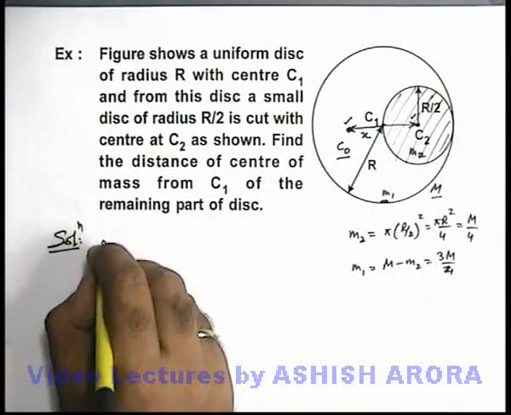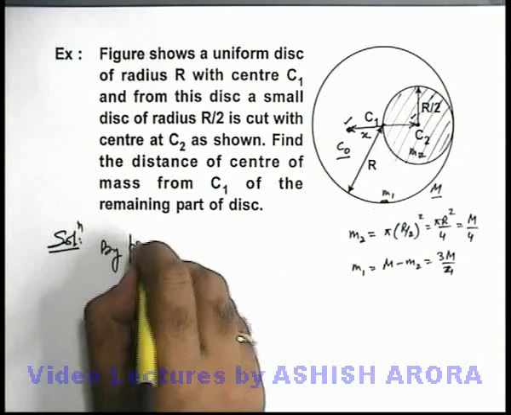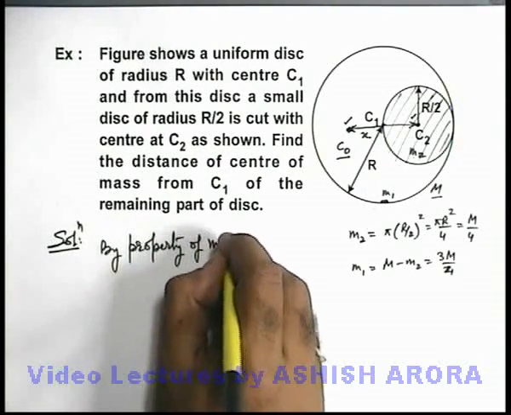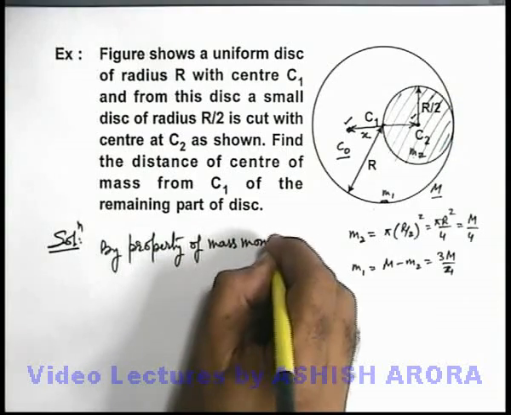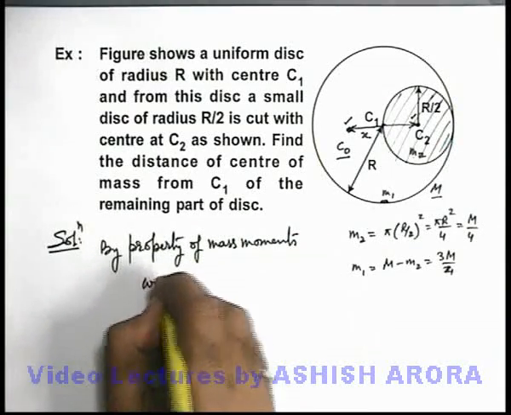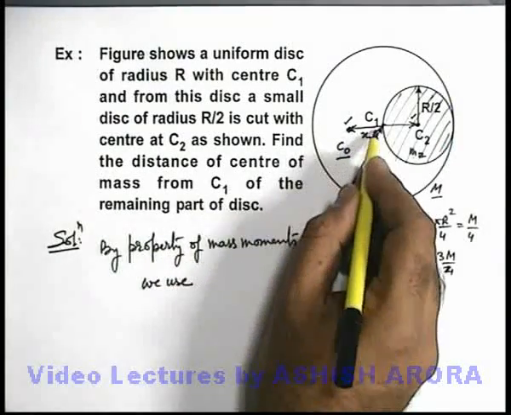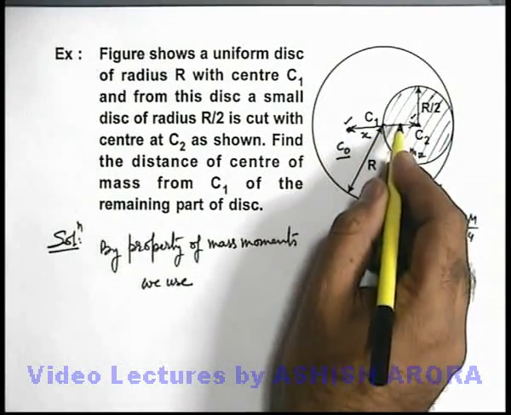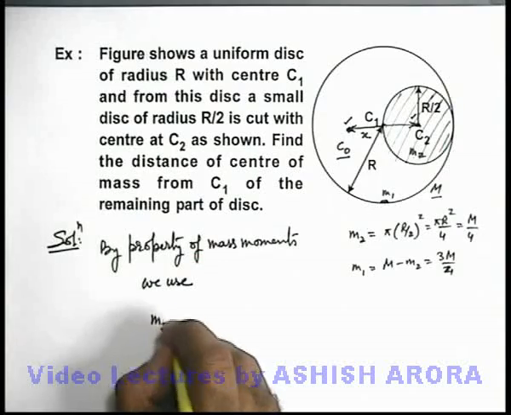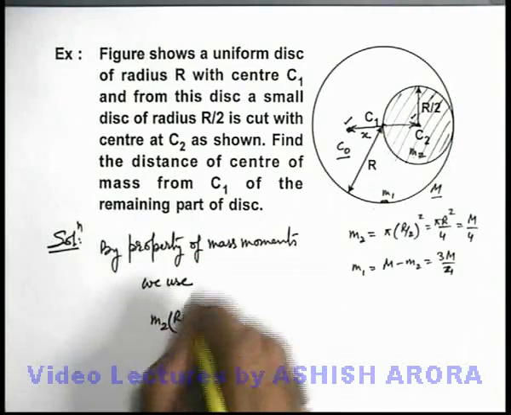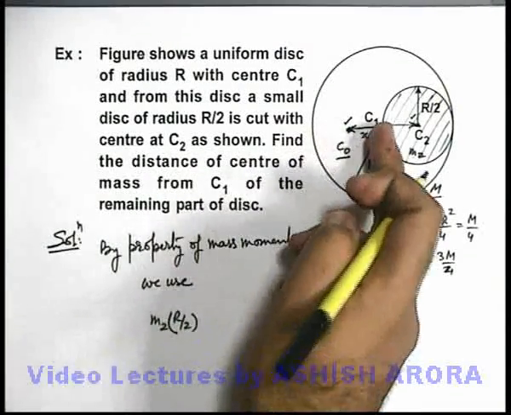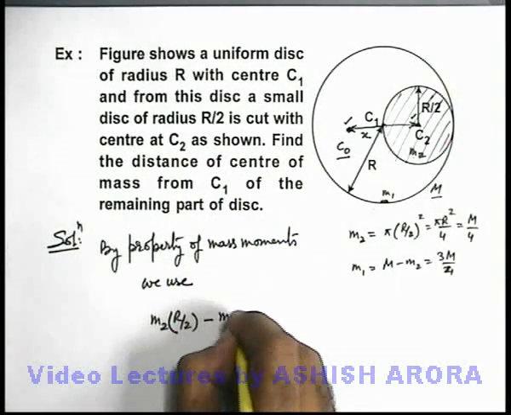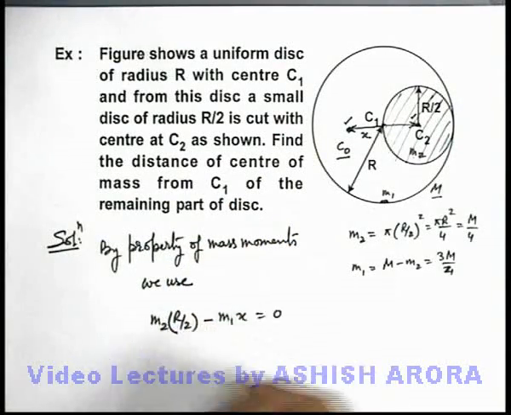So, we can write by property of mass moments, we use for this m2, center of mass is located at a distance r by 2, so its mass moment will be m2 into r by 2. And for this m1, it is located x behind, it can be written as minus m1 into x. This should be equal to 0.